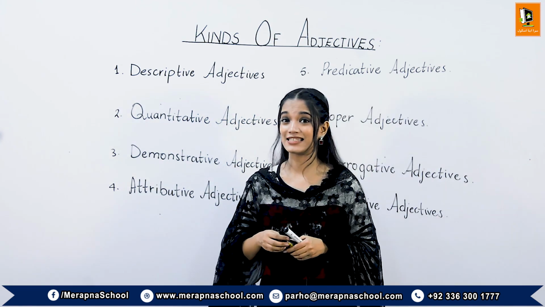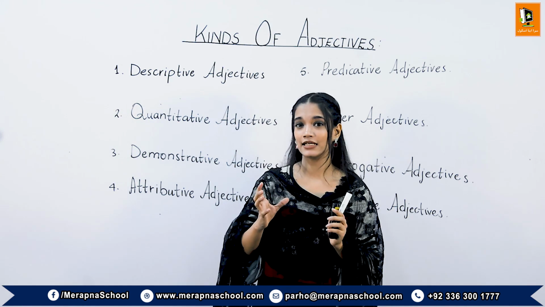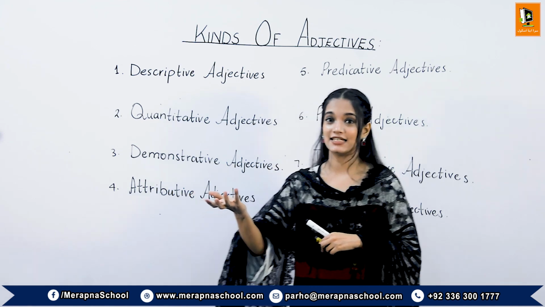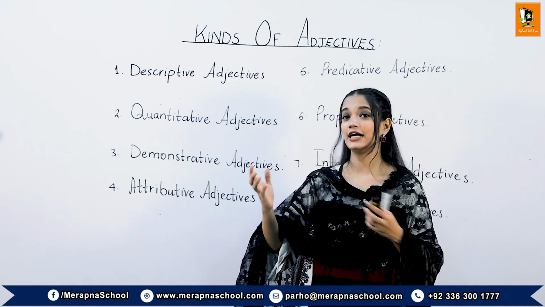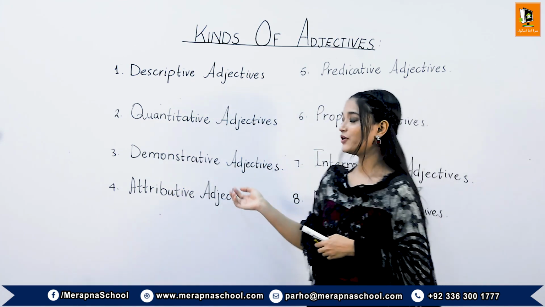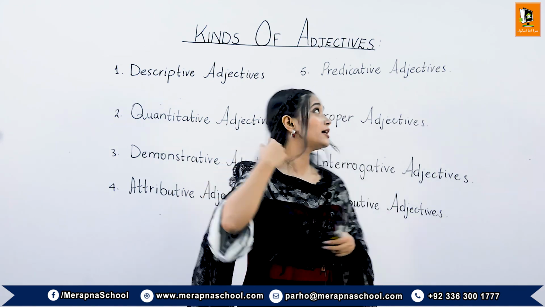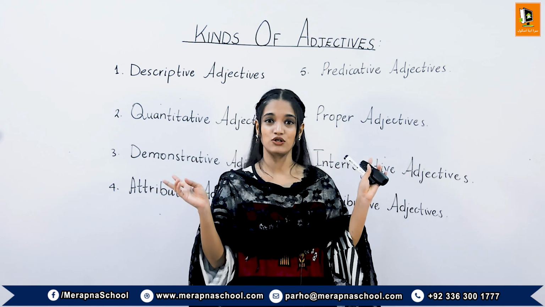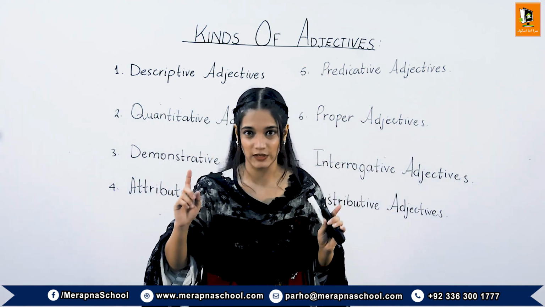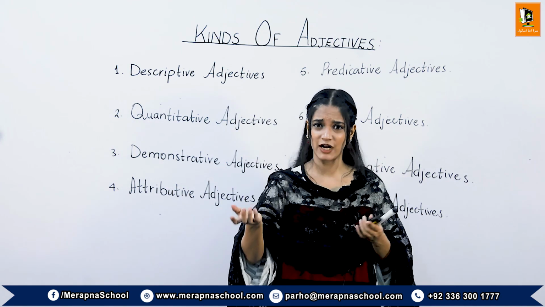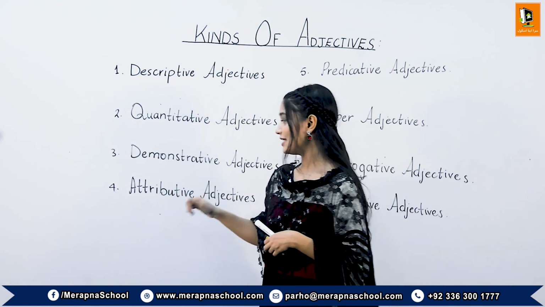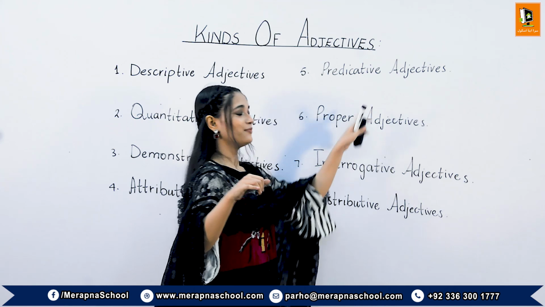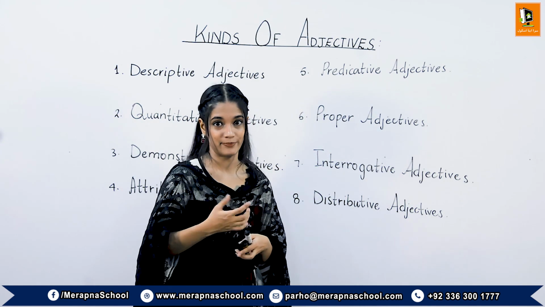Demonstrative adjectives tell exactly which ones are being pointed out in a sentence. The attributive adjectives and the predicative adjectives, we talk about these two so there is no confusion between them. They describe the noun, but in the sentence attributive ones come before the noun and predicative ones come after the linking verb.